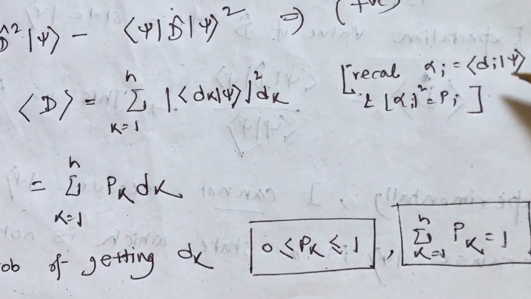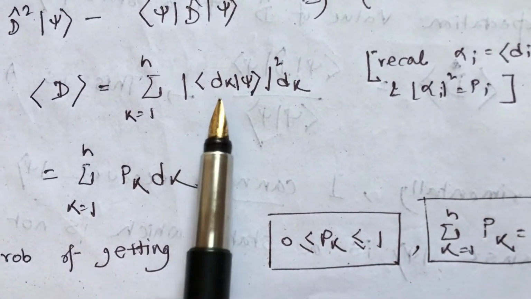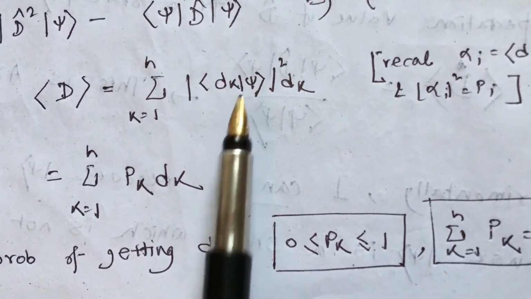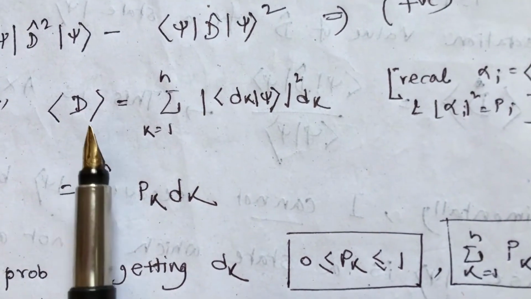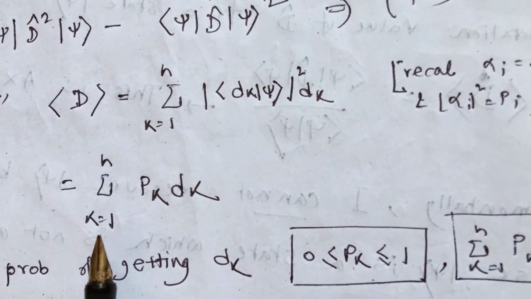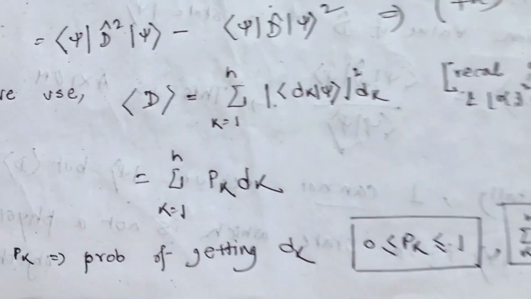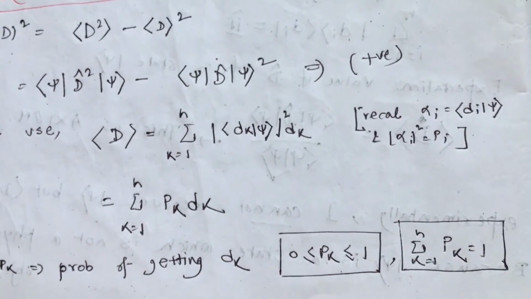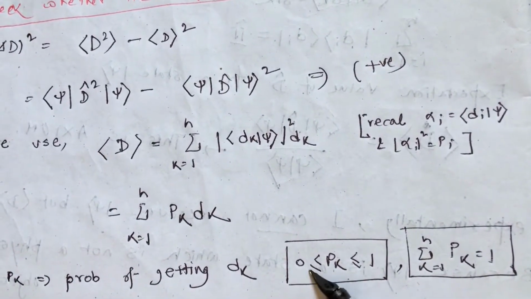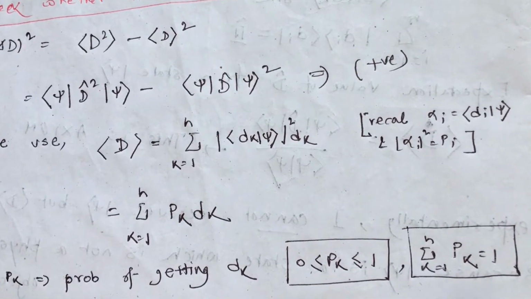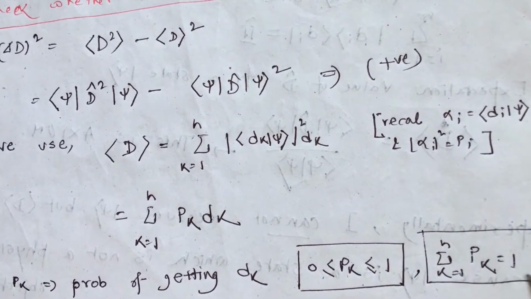This is done in the previous videos. And we are defining this |<dk|psi>| squared as pk. So the expectation value of D is equal to the sum over k equal to 1 to n of pk dk. Now pk is the probability of getting the particular eigenvalue dk, and as it is a probability, it must lie within 0 to 1, and the sum of all the probabilities is 100%, is 1, so I have written this.